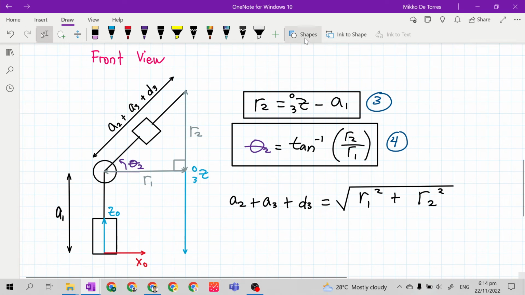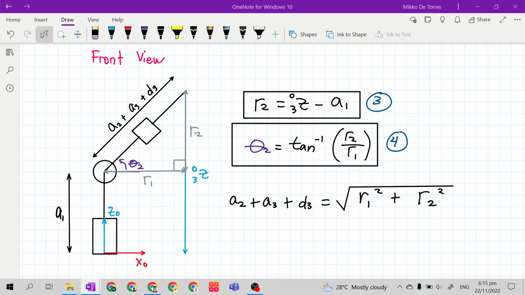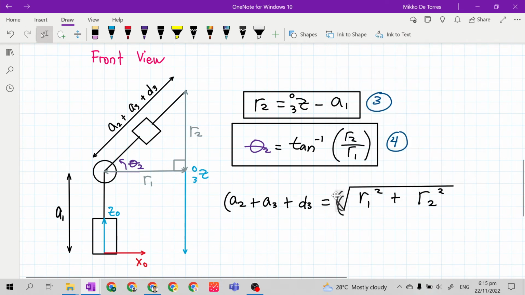So we will square both sides so that we can equate all of them to d sub 3.